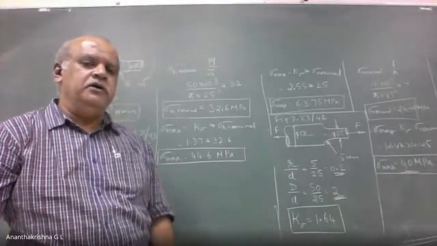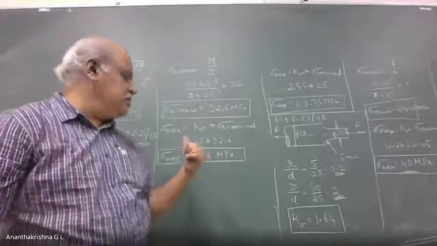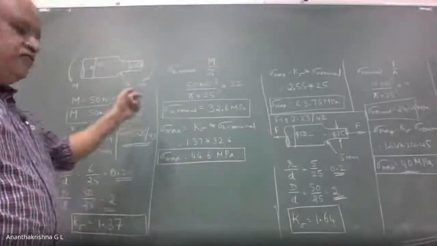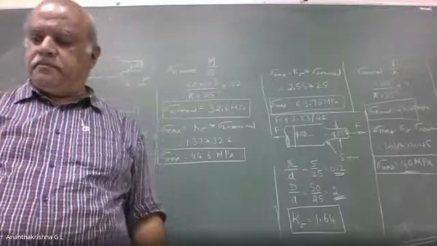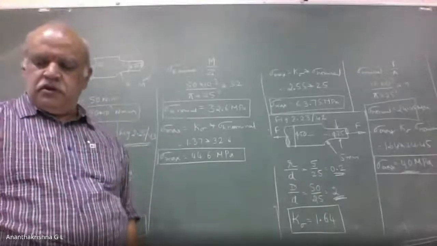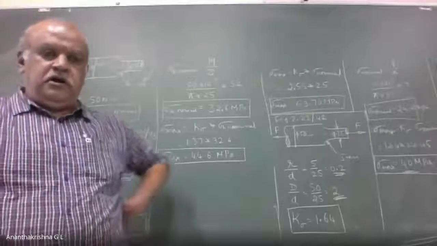So refer 2.27, find out r by d and D by d, which are the same as whatever we have calculated already, 0.24 and 2. Find out K sigma. Give me the value of K sigma now. K tau or K sigma, whatever you want to call it.